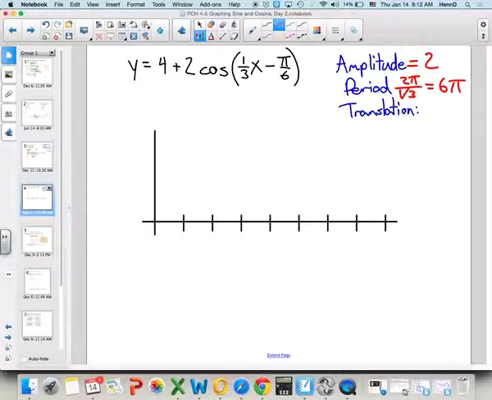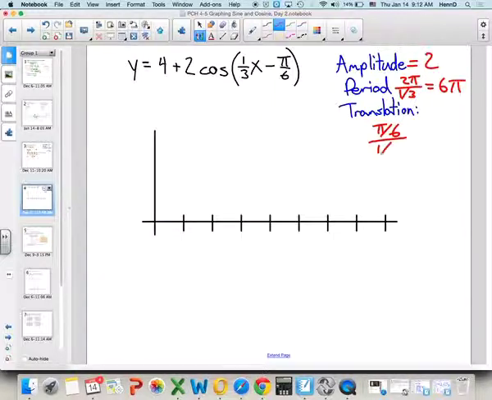Everyone with me on that? Okay. Now the translation. Remember, your horizontal translation is C over B. So what's C? Pi over 6. It's pi over 6 over 1/3.